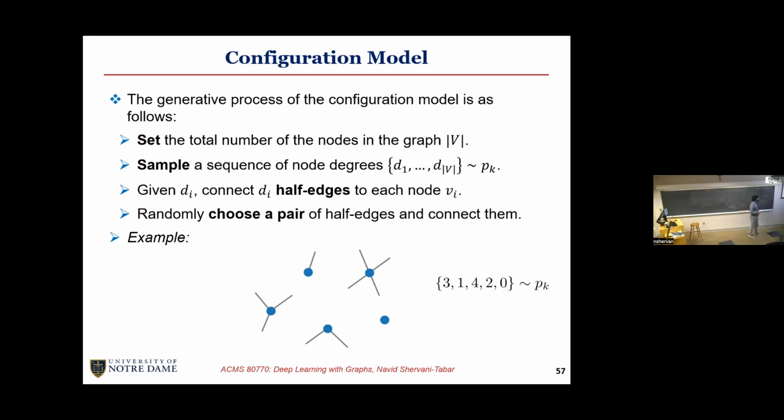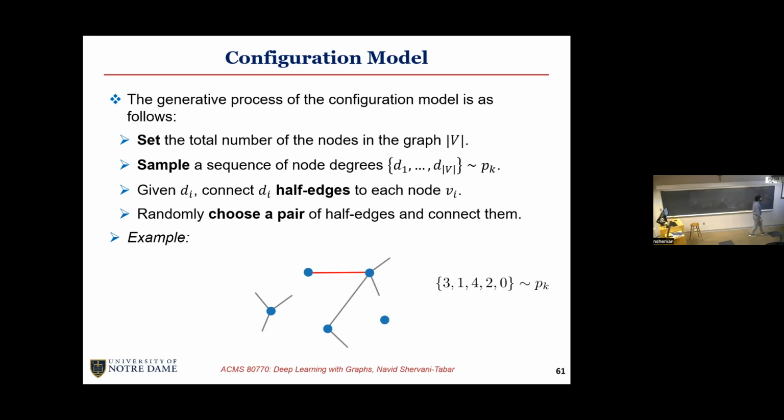Now, in the next step, I'm going to randomly sample a pair of these. So let's say that I select this one and this one. Then I connect these two half edges together, and that's going to create an edge in my graph. Then I go forward, select another pair of half edges, and connect those two.